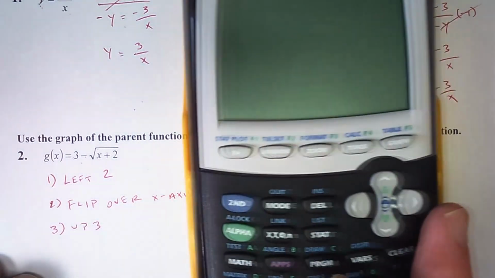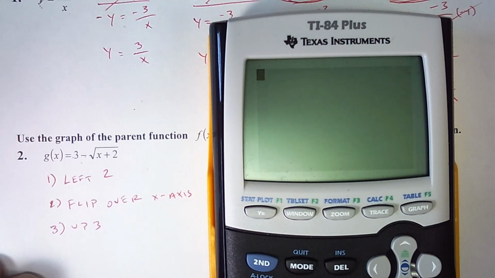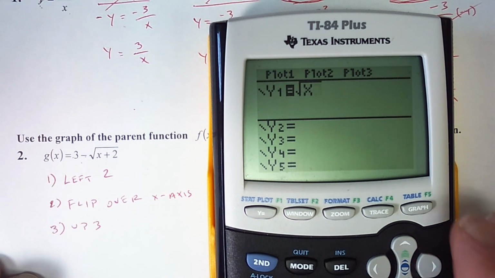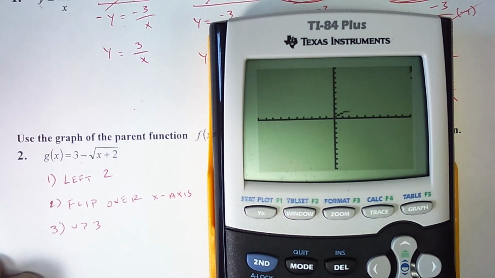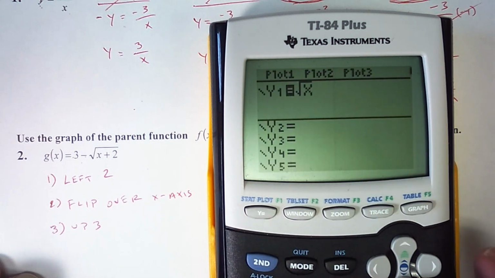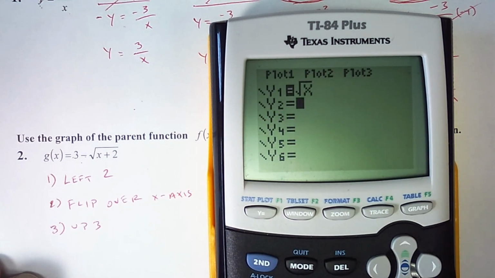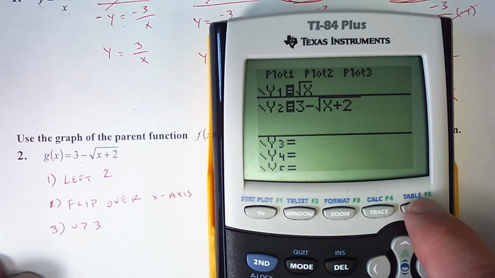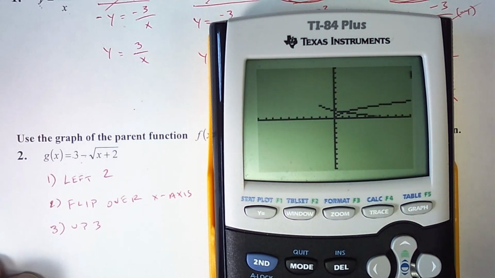Now let's see if we did that correctly. So we'll go to y equals and put in the square root of x and graph it. Okay, now we'll go to y equals and down to line 2 and type in 3 minus the square root of x plus 2 and graph that.